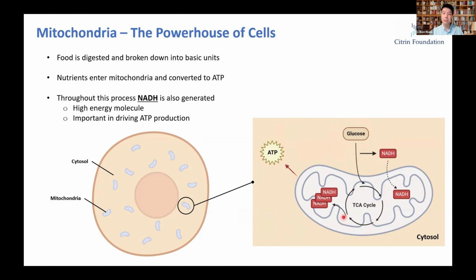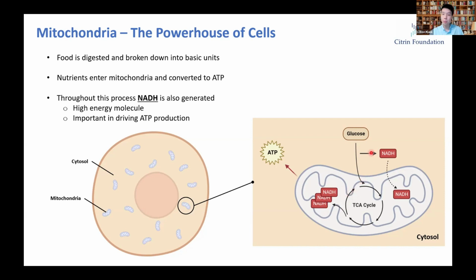And through a series of reactions, such as the TCA cycle, out comes ATP. Now you're going to notice and wonder, what is this thing called NADH? NADH is essentially a high energy molecule that is produced when food is metabolized. And NADH is very important in driving ATP production. The other thing that one needs to know is that, in order to drive ATP production, NADH needs to be inside the mitochondria.